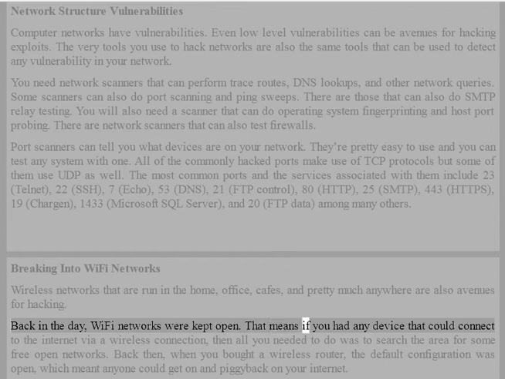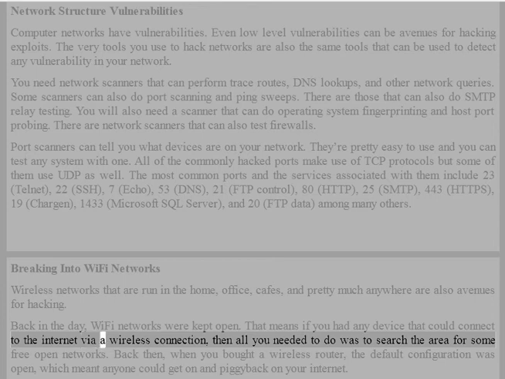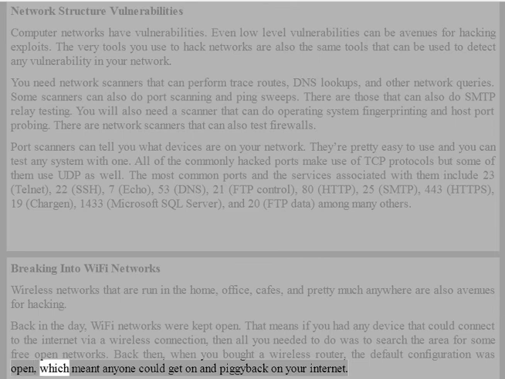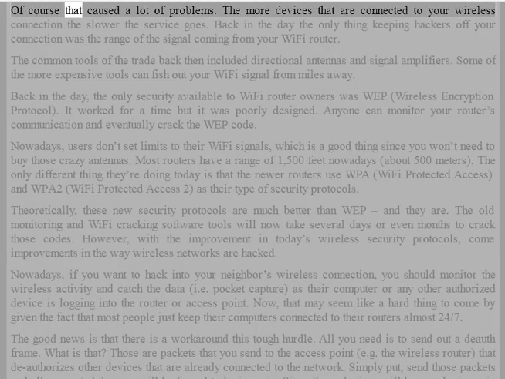That means if you had any device that could connect to the internet via a wireless connection, then all you needed to do was to search the area for some free open networks. Back then, when you bought a wireless router, the default configuration was open, which meant anyone could get on and piggyback on your internet. Of course, that caused a lot of problems.